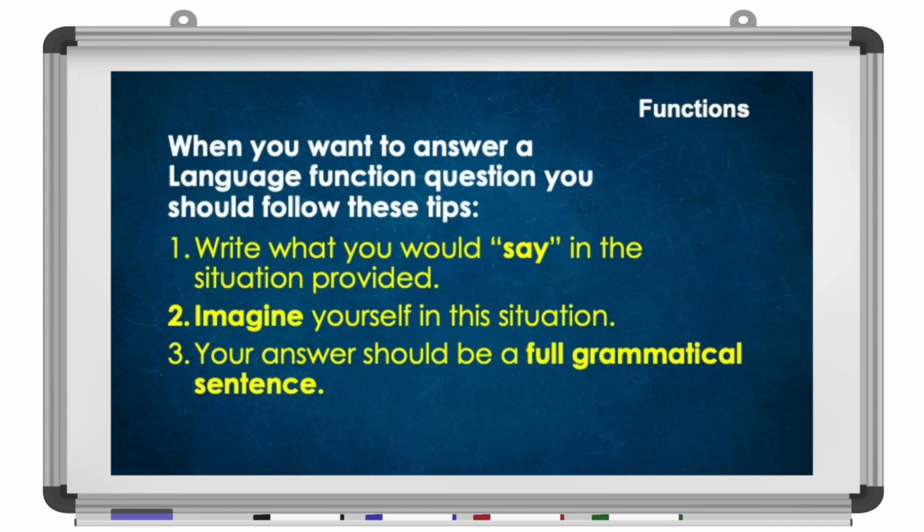Read the situation carefully and imagine yourself in this situation, and imagine what you would say. And then answer with a full grammatical sentence, meaning don't answer okay or yes. Those are not full sentences. You have to have a full grammatical sentence.